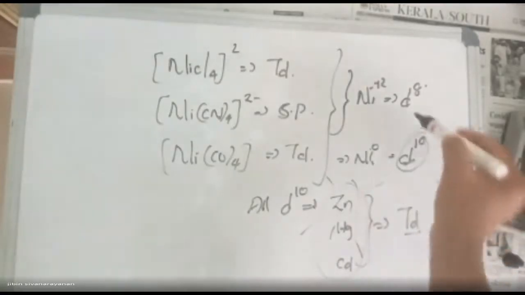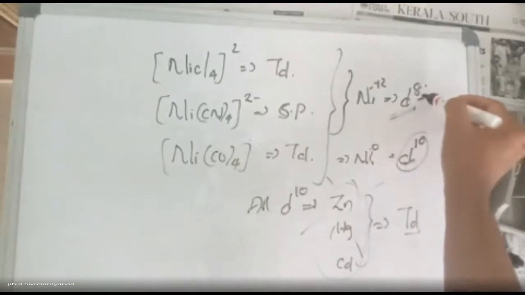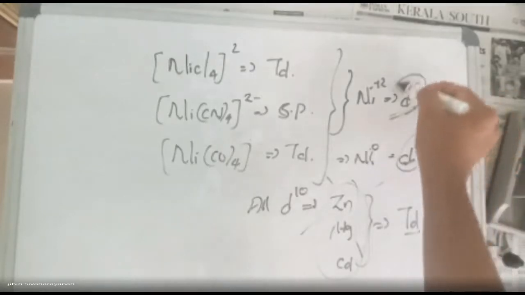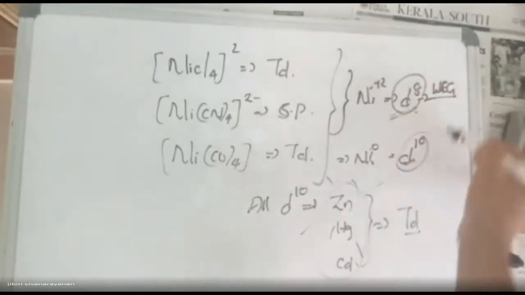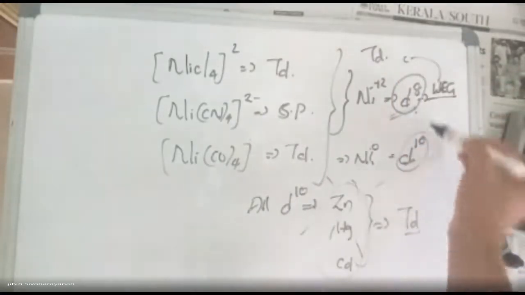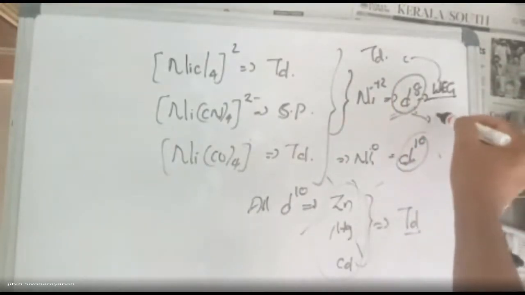And D8 configuration with weak field ligand forms tetrahedral complexes, and D8 configuration with strong field ligand forms square planar complexes.